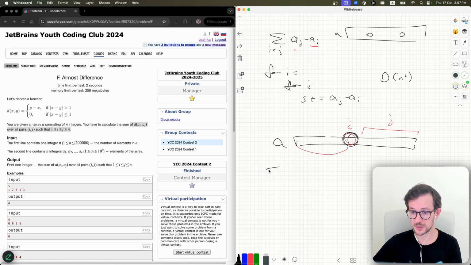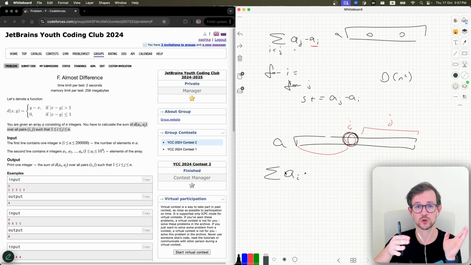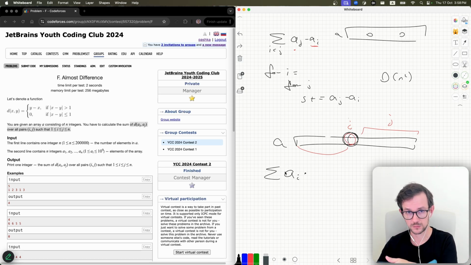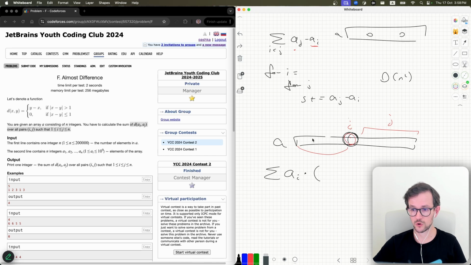So how to calculate this sum? You take element ai and multiply it by its total contribution to the final sum. For example, ai will be counted as plus for all elements before it. Minus, it will be counted for the elements after. So for index 0, this is i minus 1, this is i plus 1, this is n minus 1.